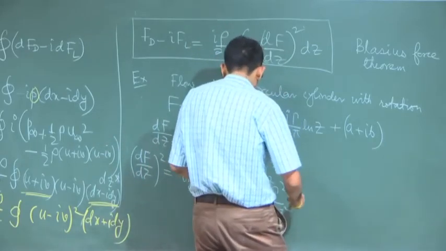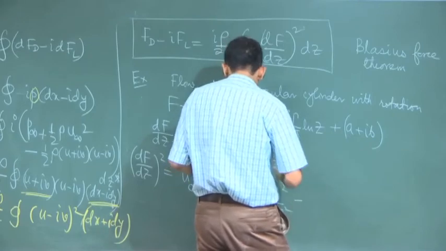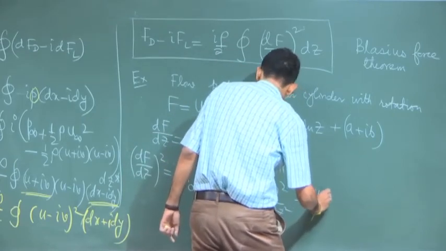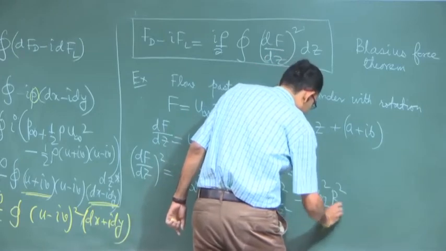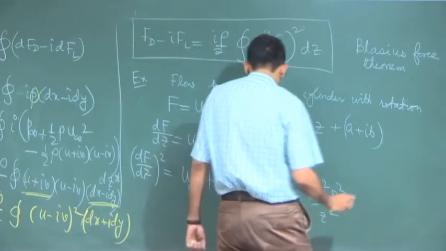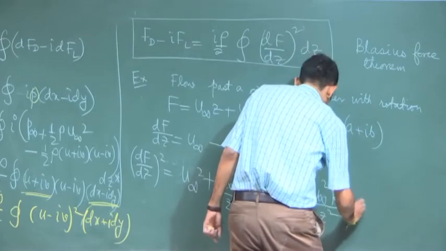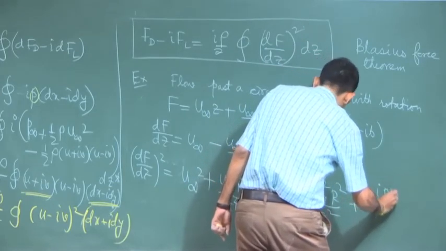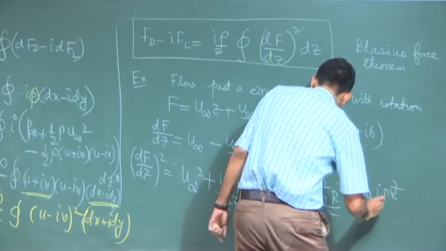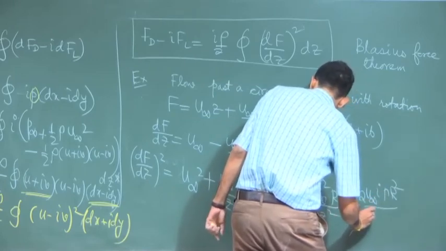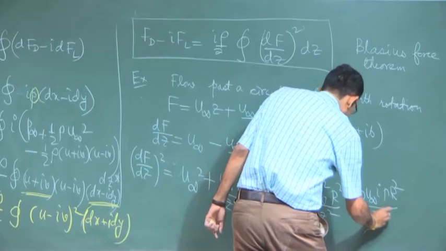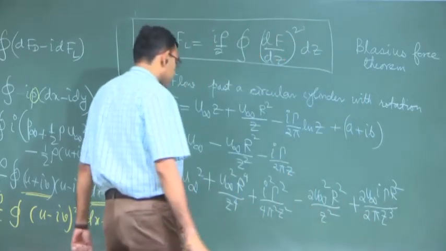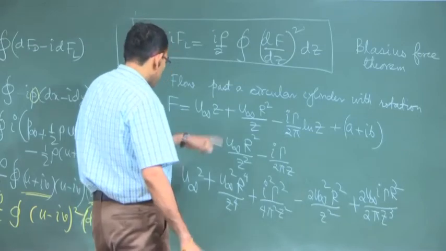a square plus b square plus c square plus 2ab. So, minus 2 u infinity square r square by z square plus 2bc plus 2 u infinity i gamma r square by 2 pi z cube minus 2ac.